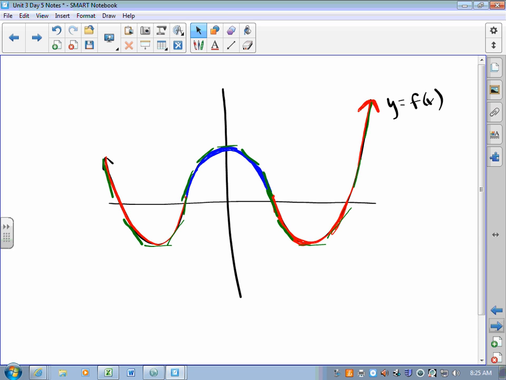Does that make sense? I hope so. That's what we mean when we talk about concavity. So I don't just want us to think second derivative is positive, second derivative is negative. I want us to think in terms of the first derivative. In the red parts where f of x is concave up, f prime is increasing. And in the blue area, where f is concave down, f prime is decreasing.